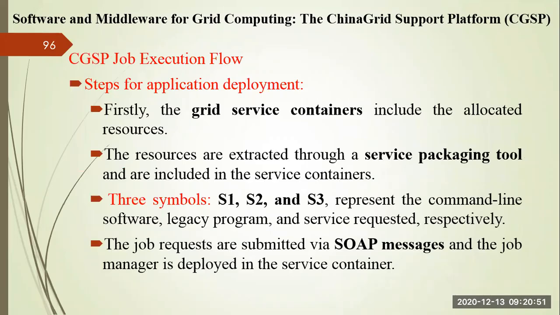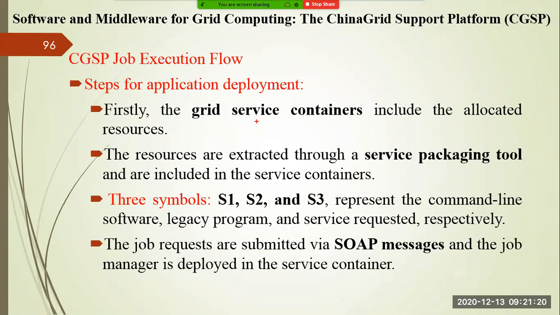Now, the working execution flow of CGSP. Suppose as a user you have submitted a particular job to the China Grid Support Platform, that is CGSP. Then what steps does it follow to provide you the services given here? First, the grid service container.